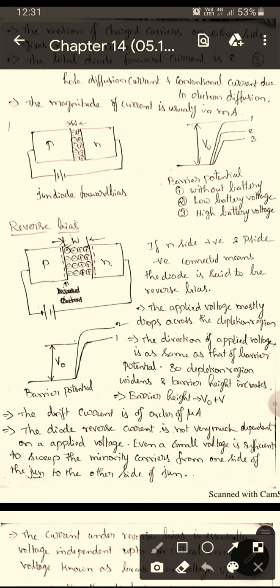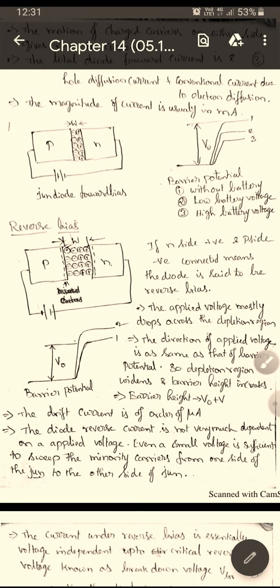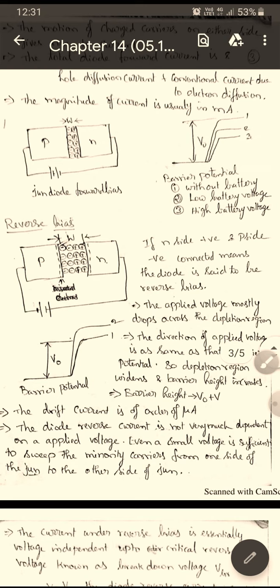This is called reverse bias. If the negative side of the battery is connected to P and the positive side to N, the diode is said to be reverse biased.